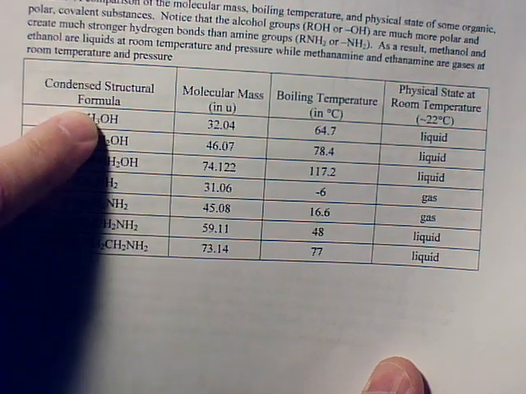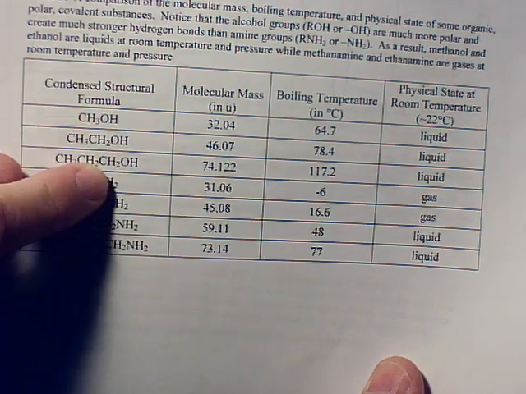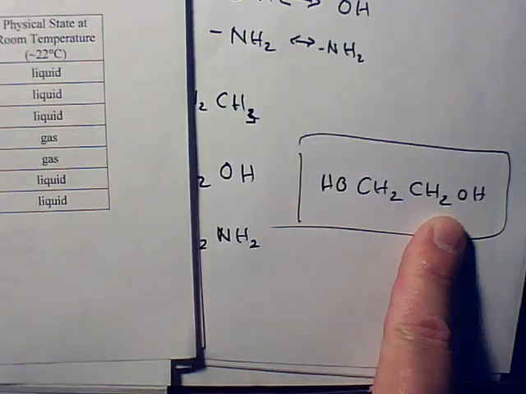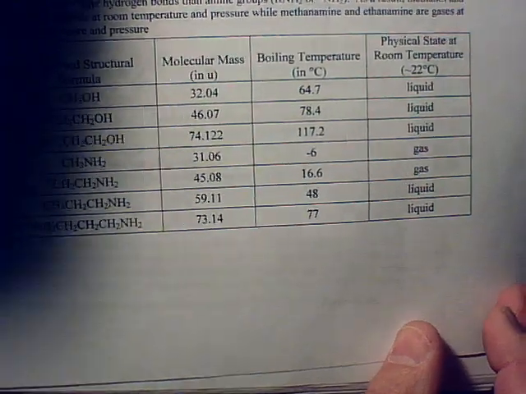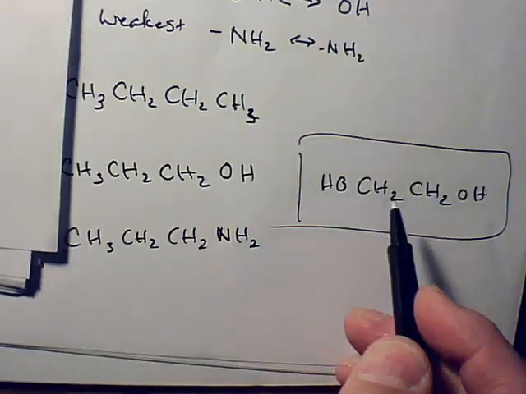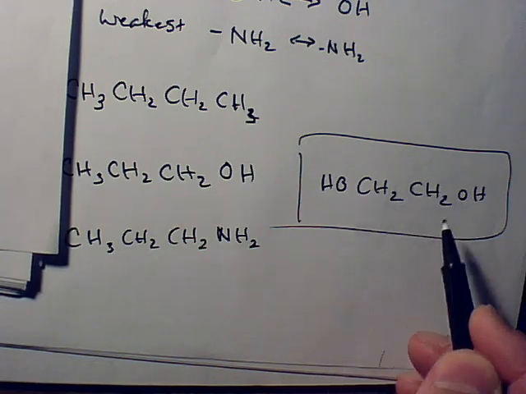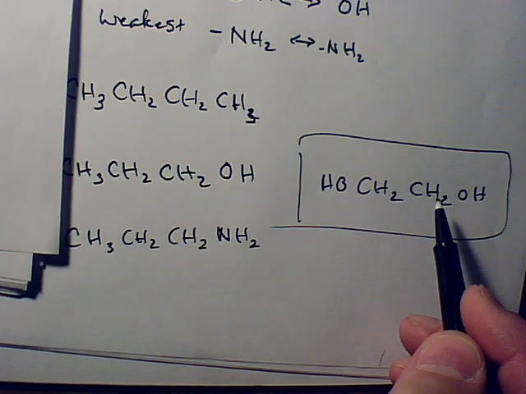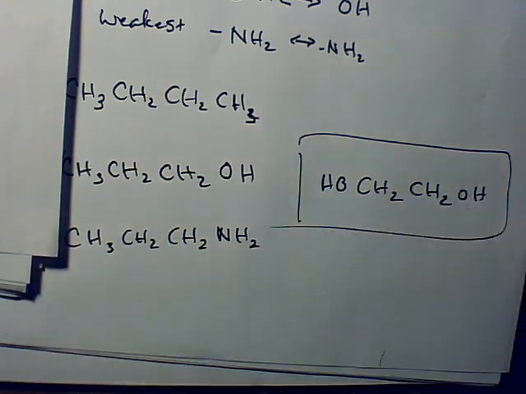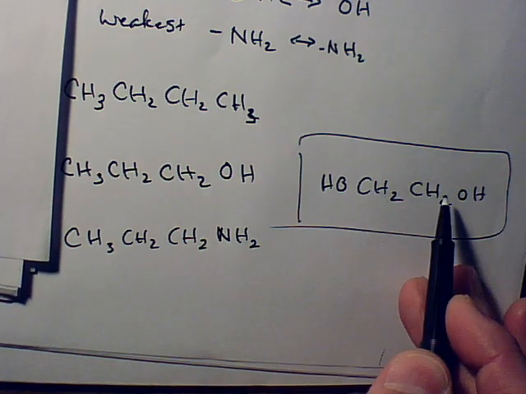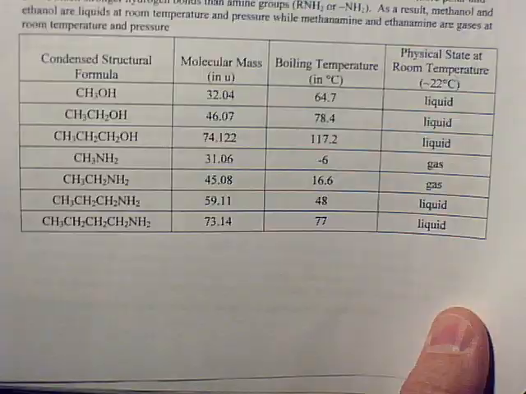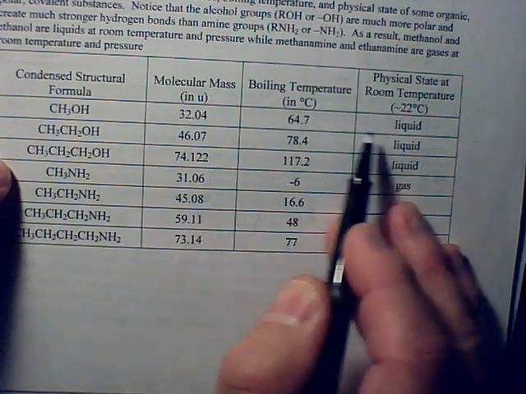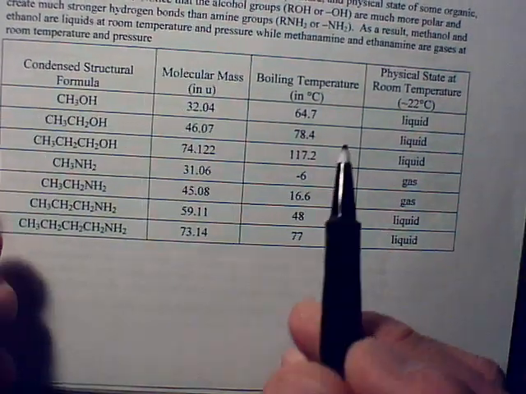The first 3 have OH groups on them. The difference is these only have one OH group, and this one has 2. You have to remember we've got this nonpolar section in the middle, and some polar stuff on the end. These all tend to be liquids at room temperature and pressure.